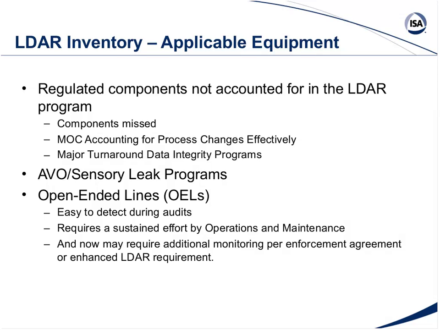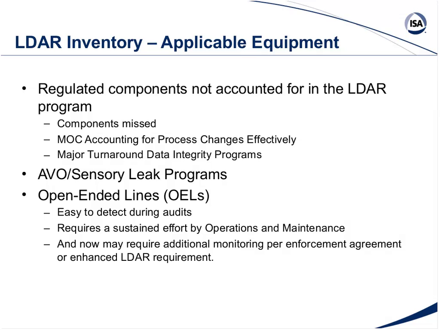Open-ended lines, all of us have issues with open-ended lines. Some of them are very easy to detect, some of them are not so easy to detect. They do require a sustained effort. Open-ended line issues can be a process unit by process unit problem. You can go into one half of the plant and not have an open-ended line at all, and you can go into the other half of the plant and see open-ended lines everywhere.